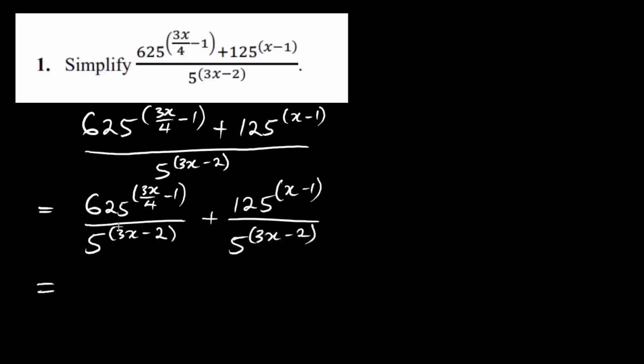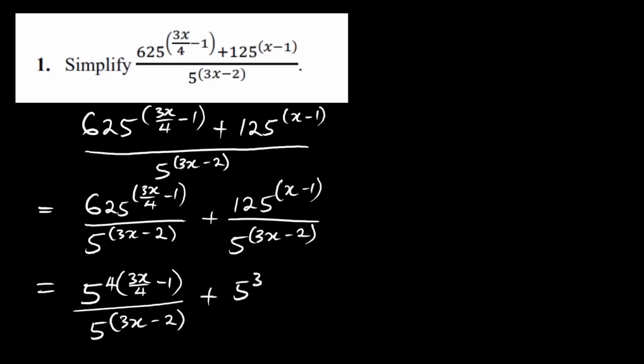So I'm going to express 625 and 125 in index form. 625 is 5 raised to the power of 4. That's 25 times 25. So 5 raised to the power of 4 into 3x all over 4 minus 1 all over 5 power 3x minus 2 plus 125 is 5 to power 3, then times x minus 1 all over 5 to power 3x minus 2.